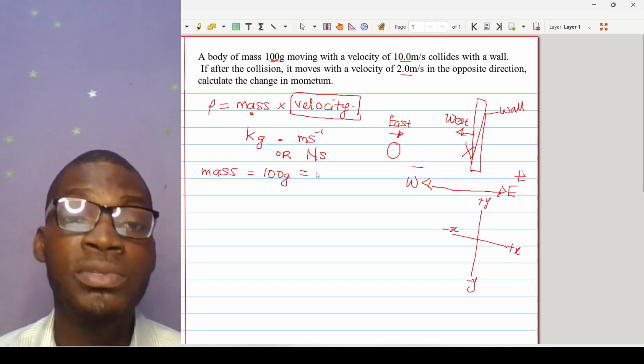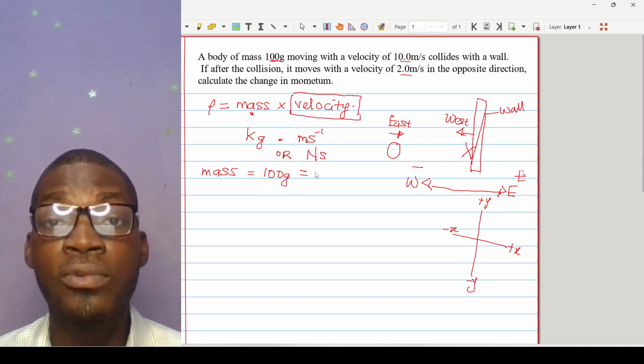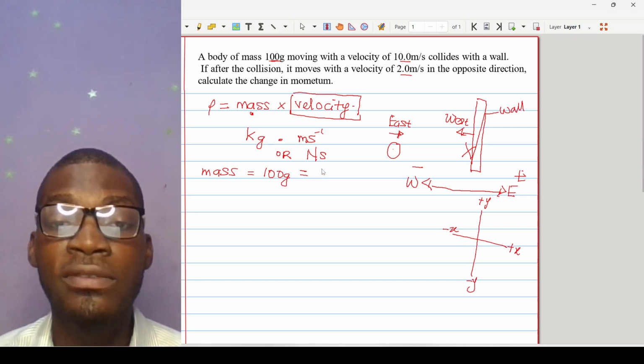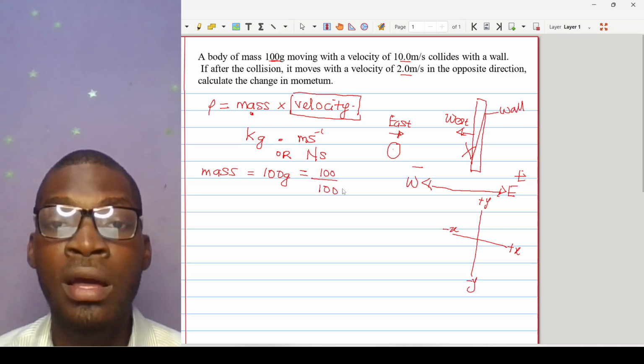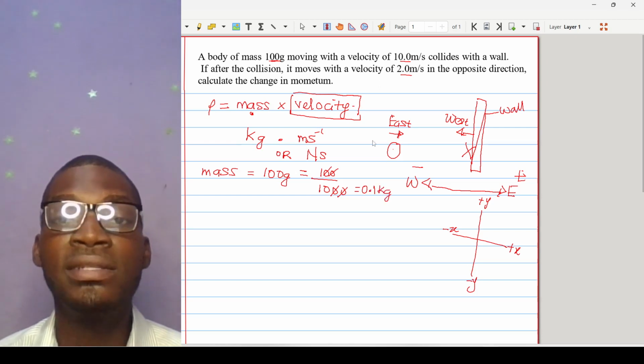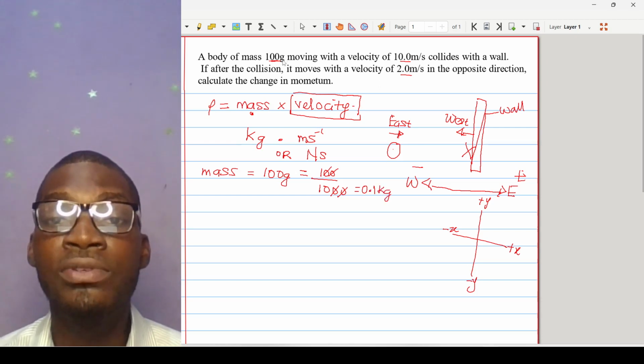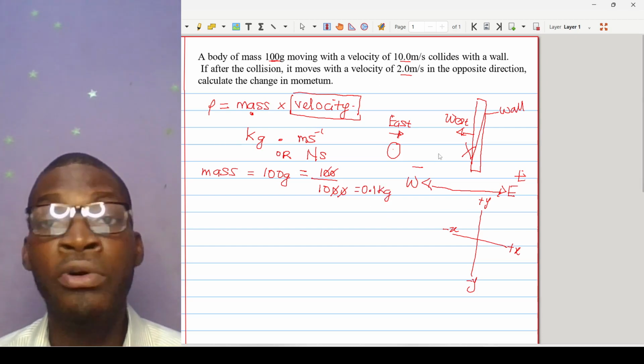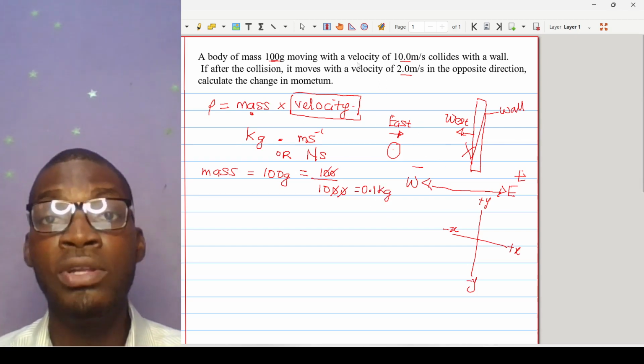We know 1,000 grams make 1 kilogram, so we have to divide by 1,000. 100 divided by 1,000 gives 1/10, which is 0.1. So I will say 0.1 kilograms. If you were working with 100 grams, you would get the wrong answer. In fact, the answer you get may not be in the options.